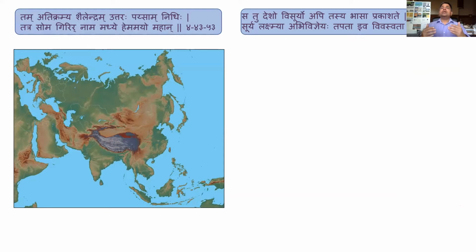That's only true when it's winter there, but winters are long. However, Sugriv describes that although the place is dark, it is shining as if there is a sun. For example, it says, Satu desho vi suryo api tasya bhasa prakashate surya lakshmya abhividneya tapata iva vivastata.